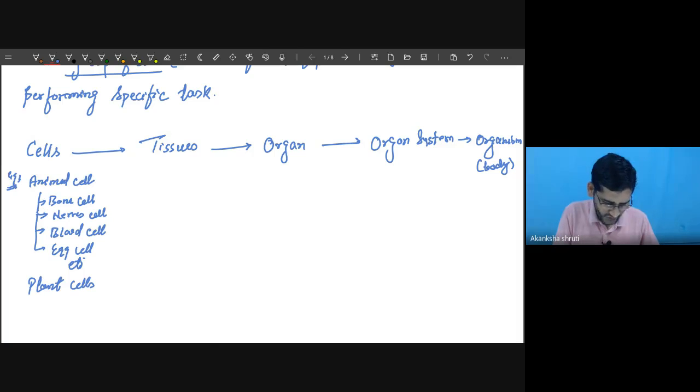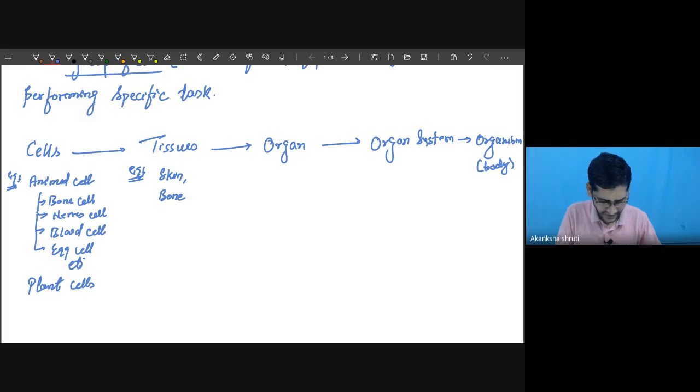Now tissues. Tissues are the collection of cells. An example of tissue can be your skin. It is performing a specific task. What is the specific task? It protects the entry of any outside material inside the body. That's all. So it is our tissue. Many kinds of tissues are found in our body. Like one is bone tissue, which is a connective tissue.